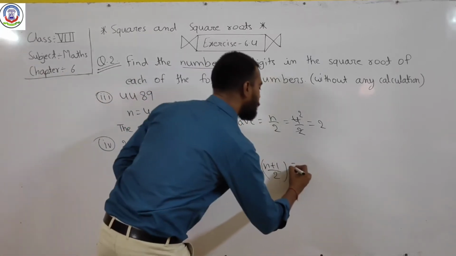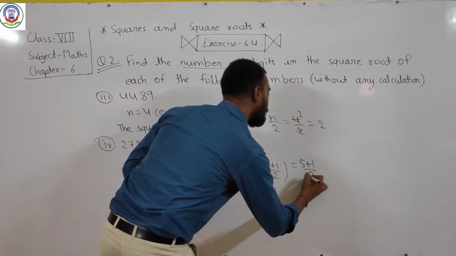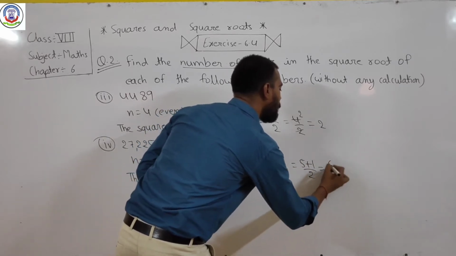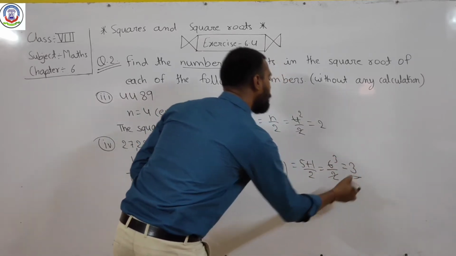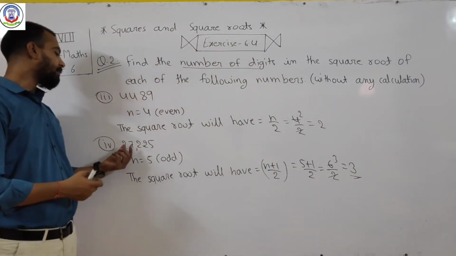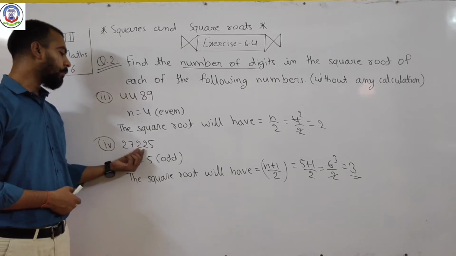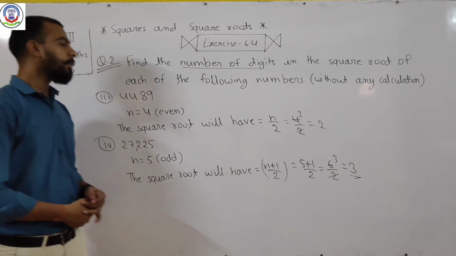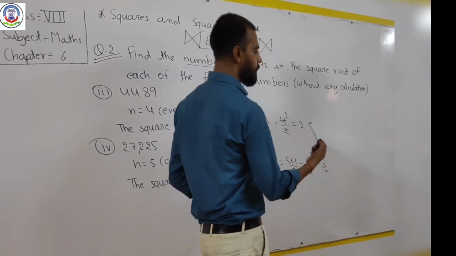Okay, that means 5 plus 1 upon 2 digits, 6 upon 2, then it will be 3 digits. Okay, that means in the square root of 27225 there will be 3 digits.